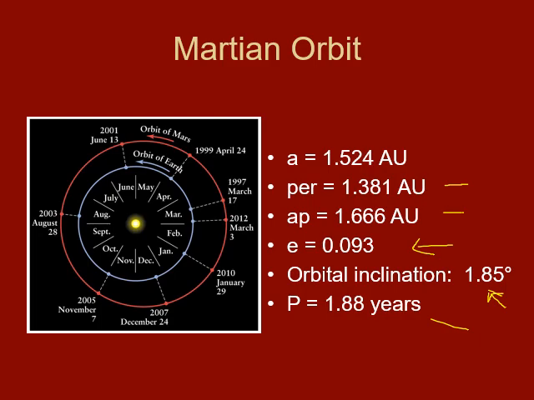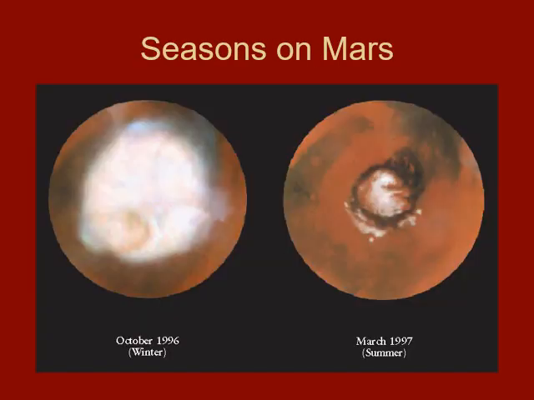That's just converting those days I gave you earlier into years. It does have seasons, because it's tilted. And so you have ice caps, and in the wintertime the ice caps get bigger, and in the summertime they get smaller. These are images pieced together from satellites orbiting Mars.